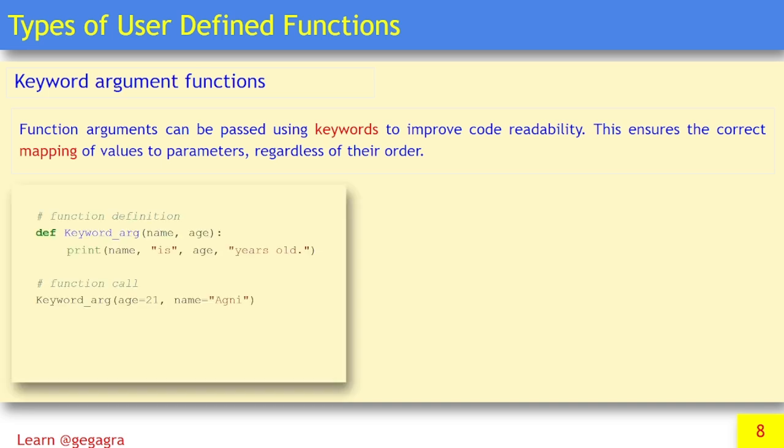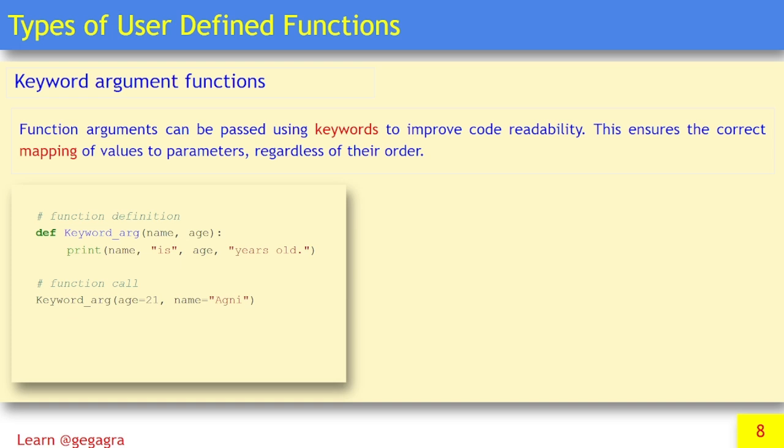so see here, I have taken one example: def keyword_arg(name, age), and I print name is whatever the name is, and age, so the age variable is here and name will be here and "years old." When we call the function keyword_arg, age is 21 and name is equal to Agni.